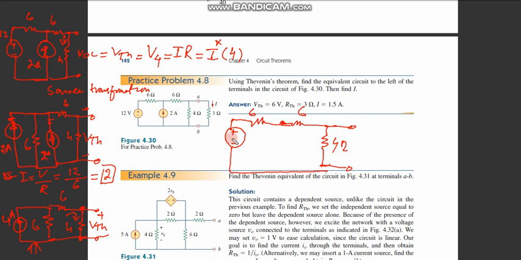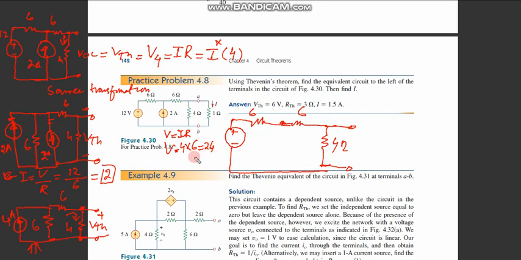Now what is the value of this source? By Ohm's law, V equals I times R, where the current is 4 and R is 6, so this is equal to 24.